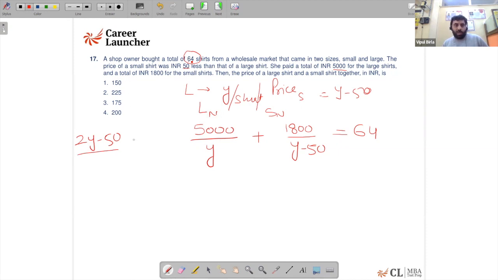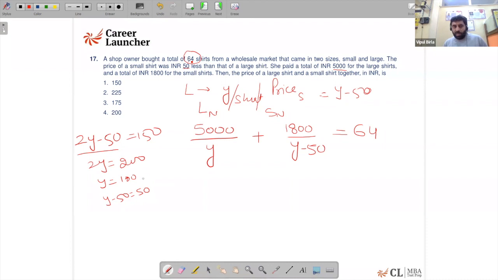Okay. So if I equate it equal to 150, I end up getting 2Y is equals to 200 or Y is equals to 100. So that means if I'm assuming that the sum of the price is this 150, so therefore I end up getting Y equal to 100, and therefore Y minus 50 will be equals to 50.